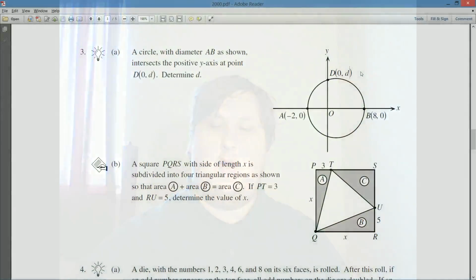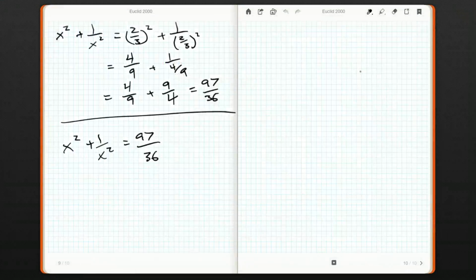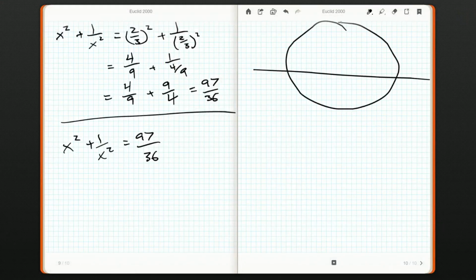Okay? Remember, we only have about 2.5 hours for this contest, so you want to get the early ones done quick. So I'll show you how to do the short way of doing this question, and then we're going to go through the longer way. That's a beautiful circle right there.